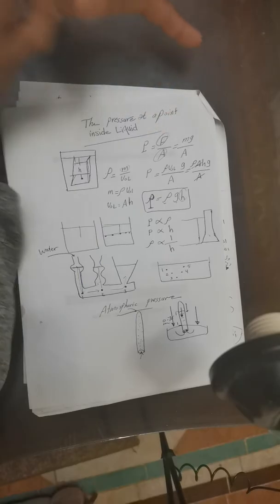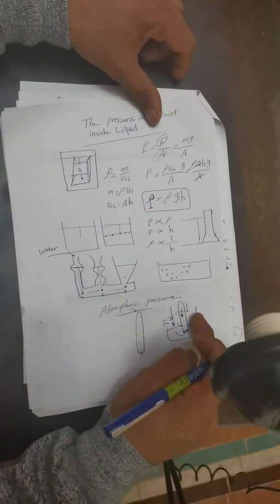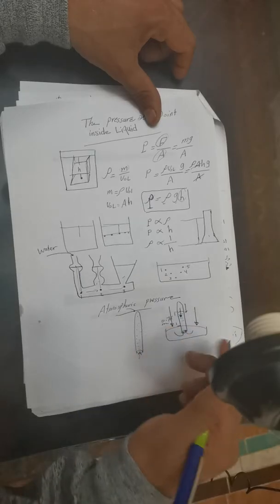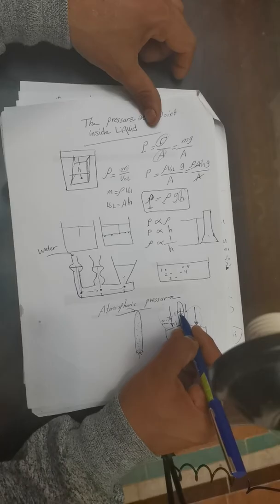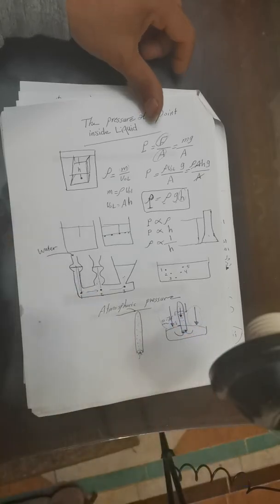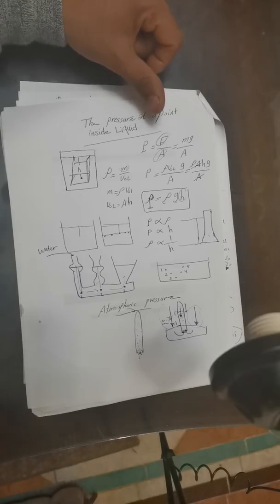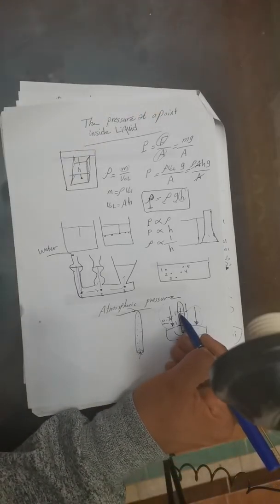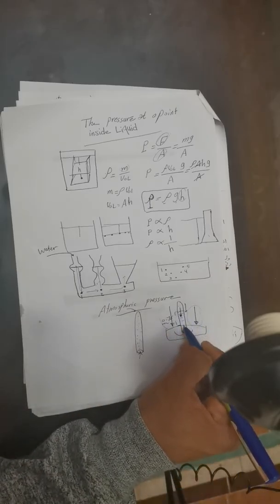So there are two forces: the atmospheric pressure and the pressure of the fluid inside the tube. So the pressure inside the tube is more than outside the tube, so the mercury moved down.